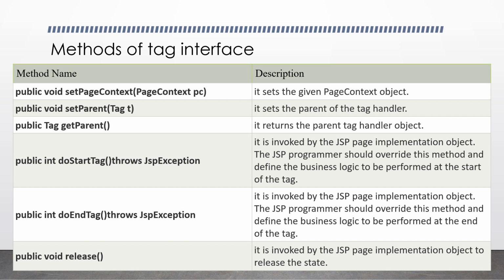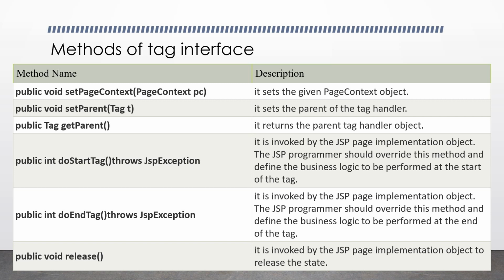And we can use doStartTag. doStartTag is very important because that is the place where we have to put our code if we have to program something when the start tag is being executed. So we have to put the custom code inside of this doStartTag.